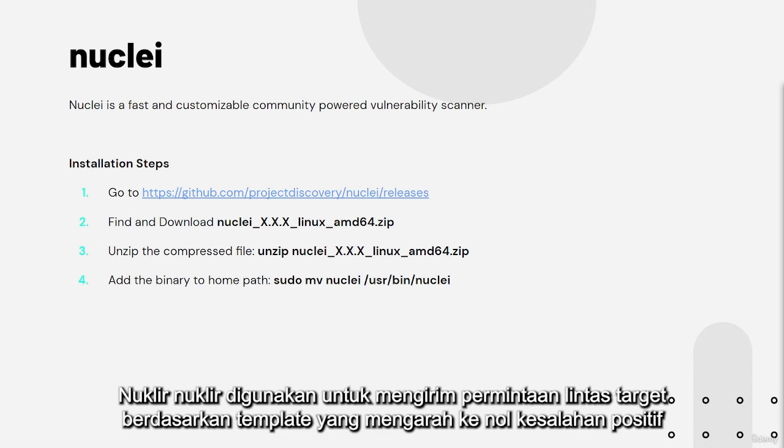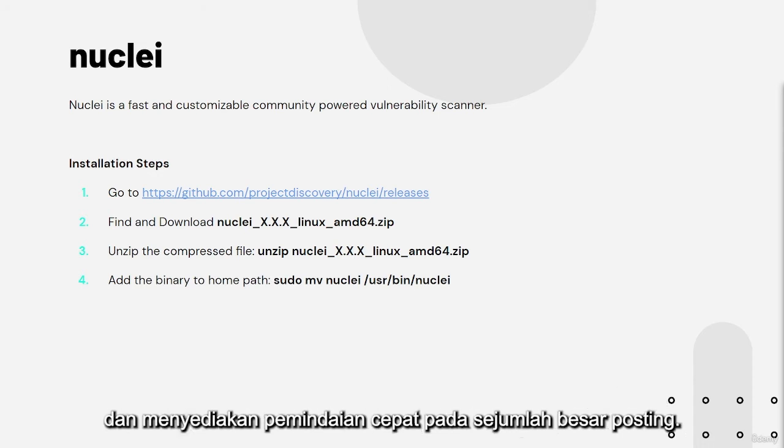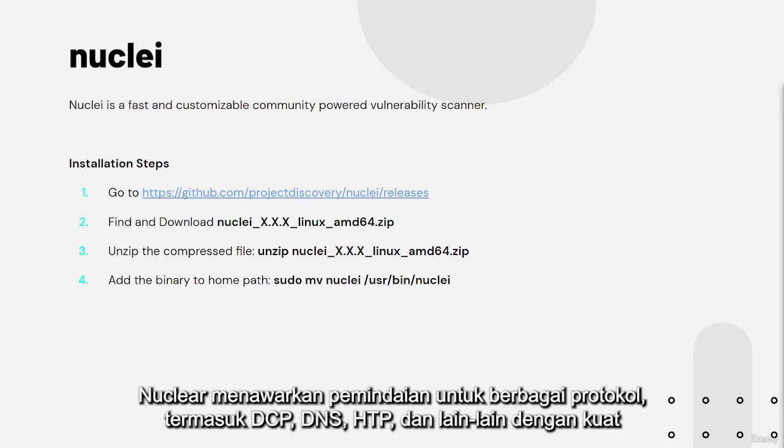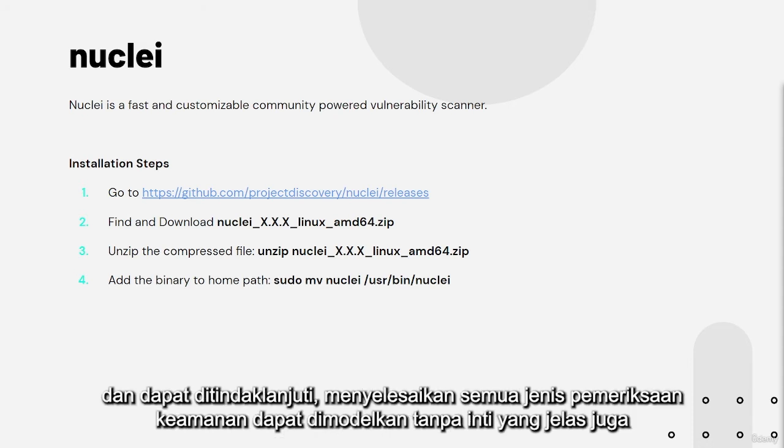Nuclei. Nuclei is used to send requests across targets based on a template, leading to zero false positives and providing fast scanning on a large number of hosts. Nuclei offers scanning for a variety of protocols including TCP, DNS, HTTP, and etc. With powerful and flexible templating, all kinds of security checks can be modeled with Nuclei.